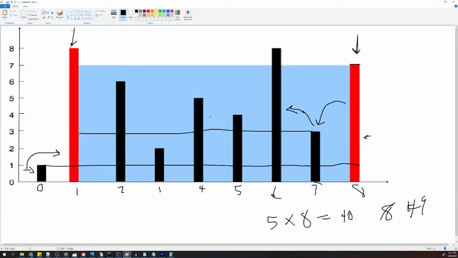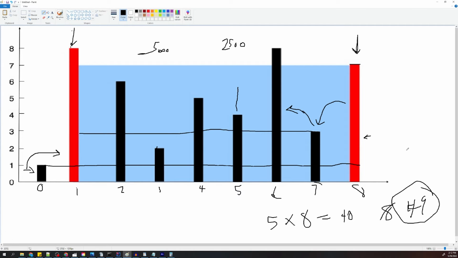At this point we have 40. We still could have a maximum somewhere that is greater than 49, because what if the height of 3 were like 5,000, and the height of 5 was like 2,500? Even though they're really close together, the height would compensate for that and blow this out of the water.